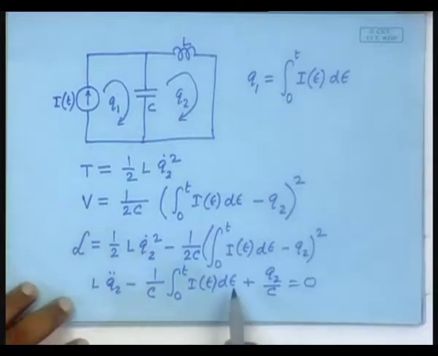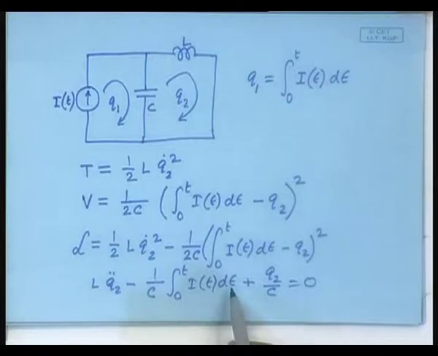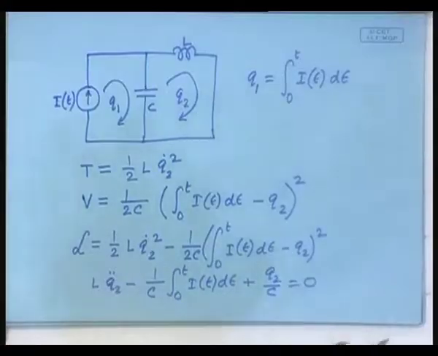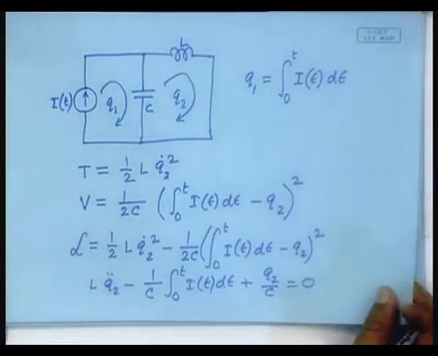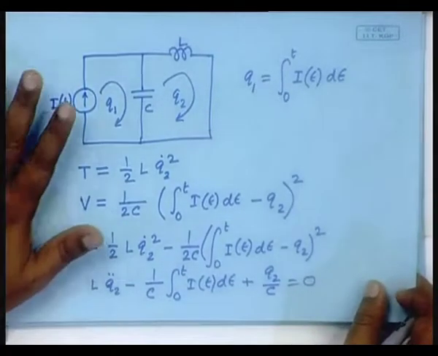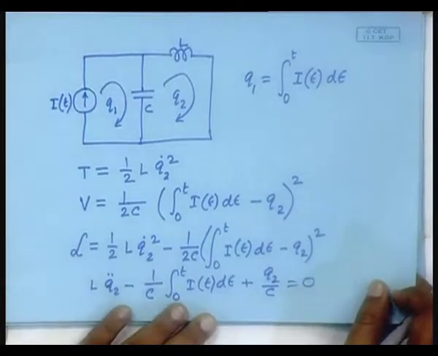Now, notice that the integral appears in the differential equation, that is natural, because you have externally imposed the derivative of q1. Therefore, if you want to obtain q1 as a state variable, you have to have the integral. So, this appearance is a bit uncommon, that is why I did not include it in the general formalism, but when you have it, you can always do it like this. Okay.